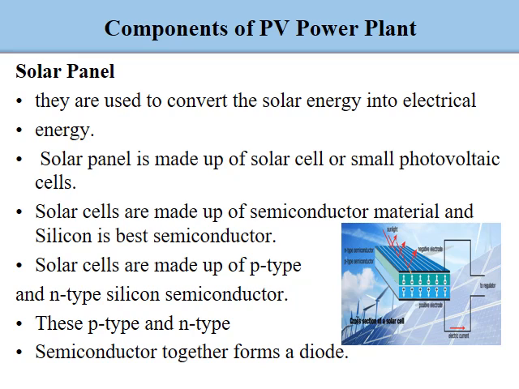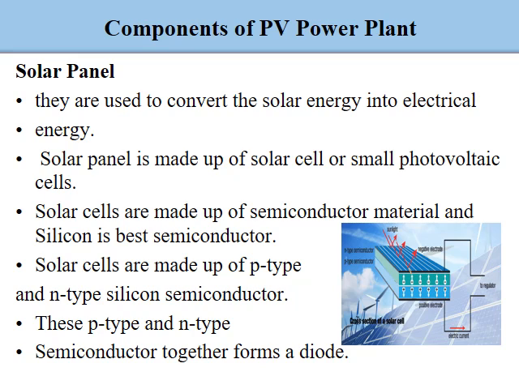Solar panels are used to convert the solar energy into electrical energy. Solar panel is made up of solar cells or small photovoltaic cells. Solar cells are made up of semiconductor materials, and silicon is the best semiconductor. Solar cell is made up of p-type and n-type silicon semiconductors.